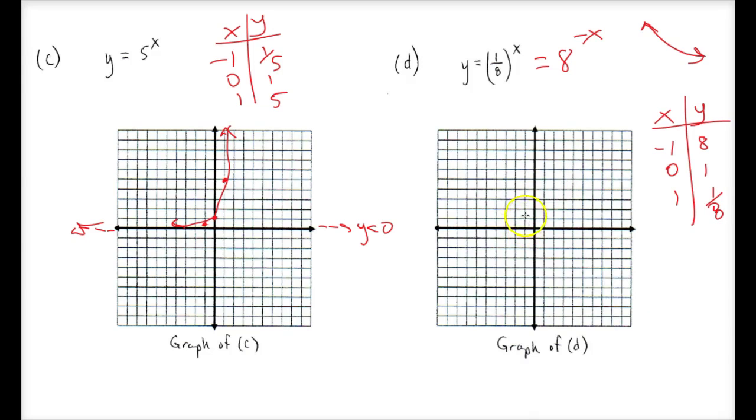Same thing here. We got -1, 8. So that would be about right here. 0, 1 would be here. And 1, 1/8 would be about right there. And so, of course, this would swing up real fast and kind of look like that.